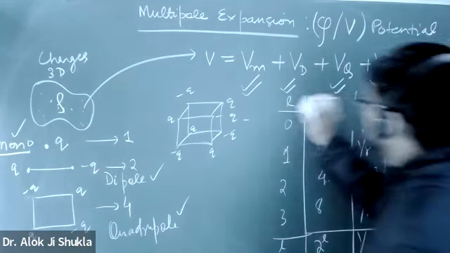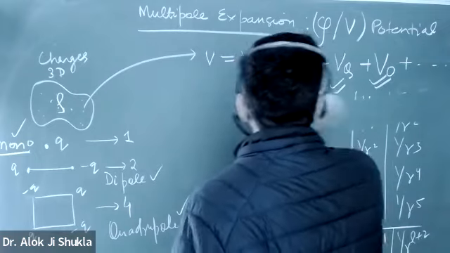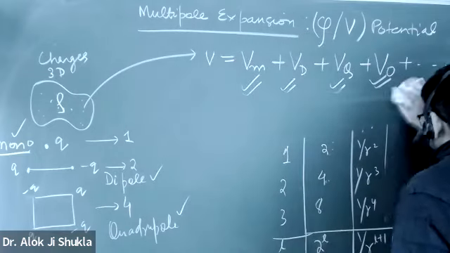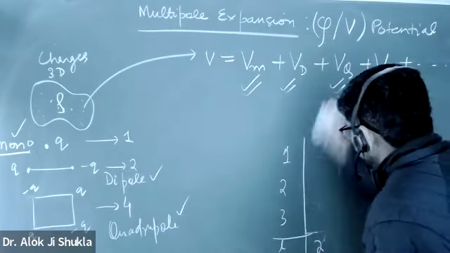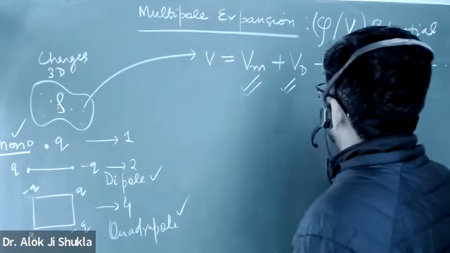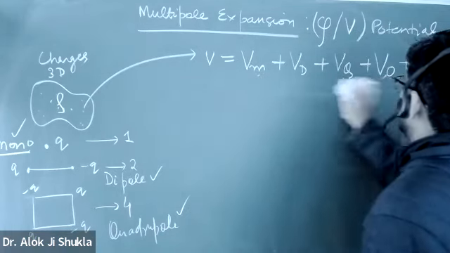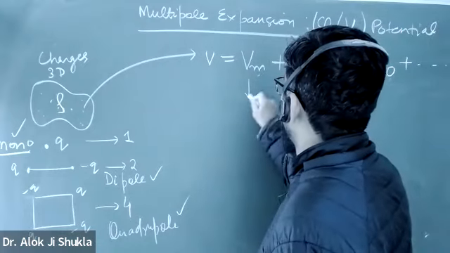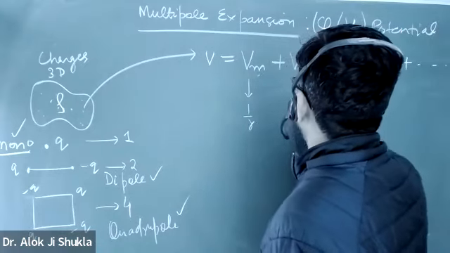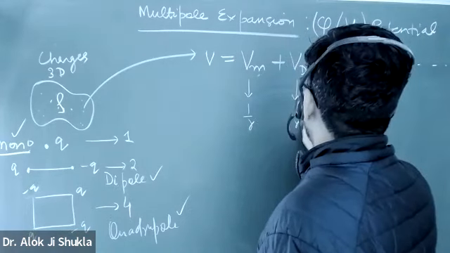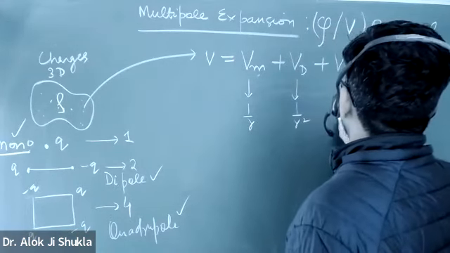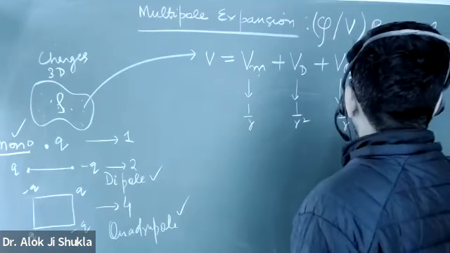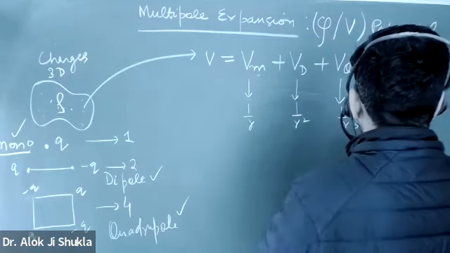And please understand one more thing, because if you see the formula, potential is decreasing in contribution ना. ये बहुत बार ये question पूछा जाता है, इसका contribution कैसा है? 1 by r, इसका 1 by r square, इसका 1 by r cube, इसका 1 by r to the power 4.